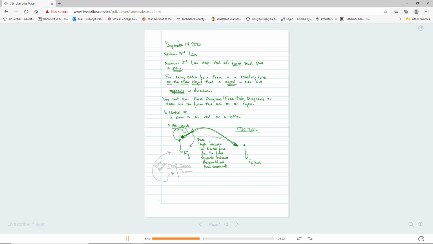So if gravity pulls me downward, I also pull gravity, which in this case I'd pull up through gravity on the Earth. So now I need a third object.